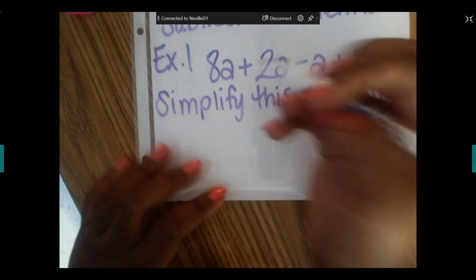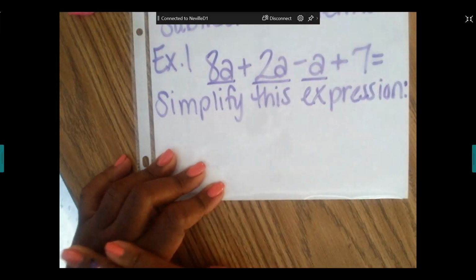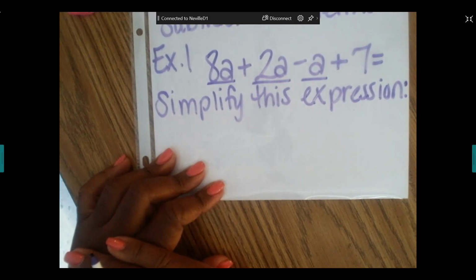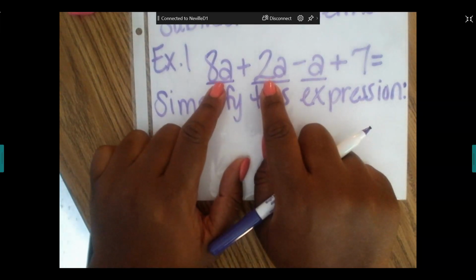So, following our same strategy, I'm going to underline my like terms. Those are the ones I can add or subtract together. What operation will I perform between the 8 and the 2 here?